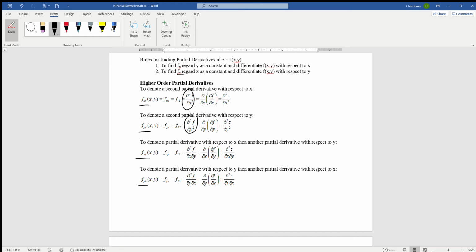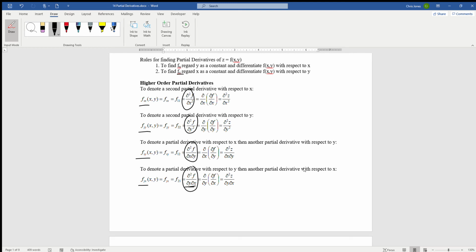So the second derivative of f with respect to y squared. Or if you're doing x then y or y then x, then you're just going to have the order in the denominator, partial y partial x, partial x partial y. So that's just a brief overview of the notations, limit definition, etc.